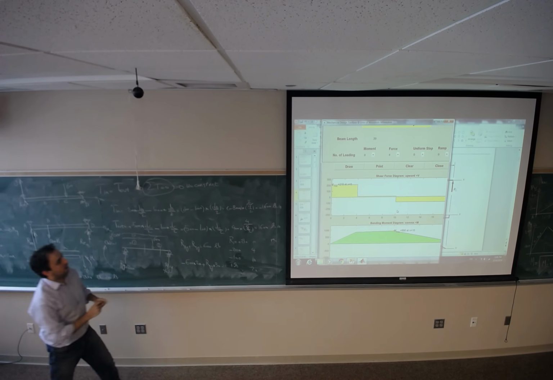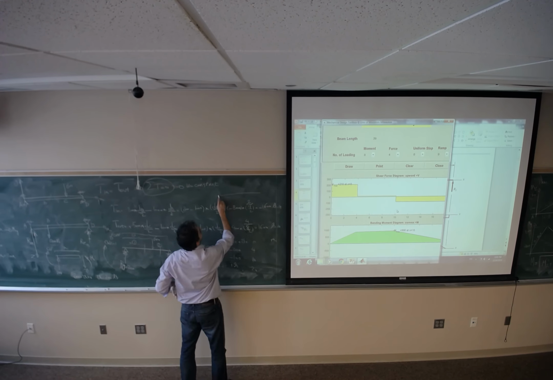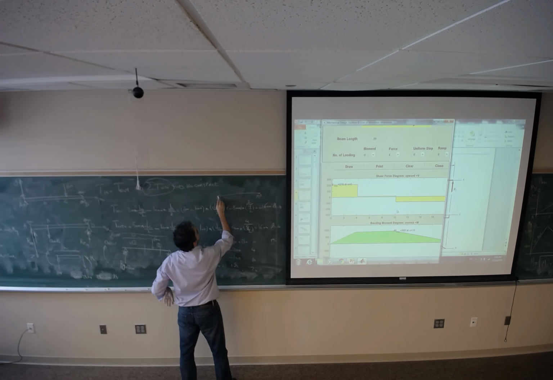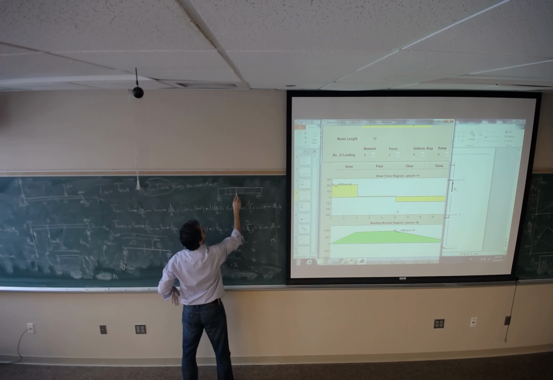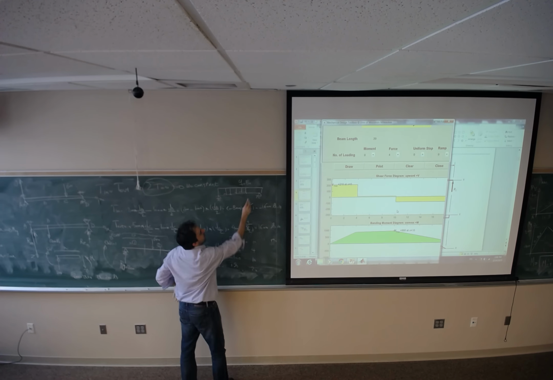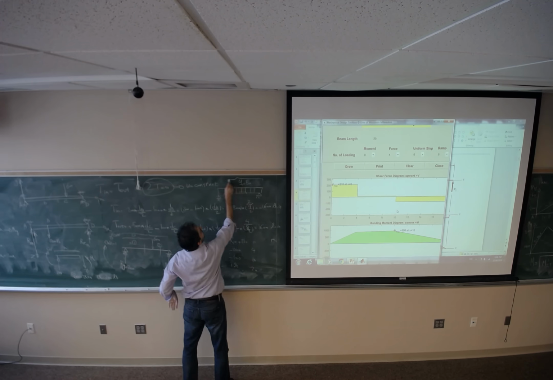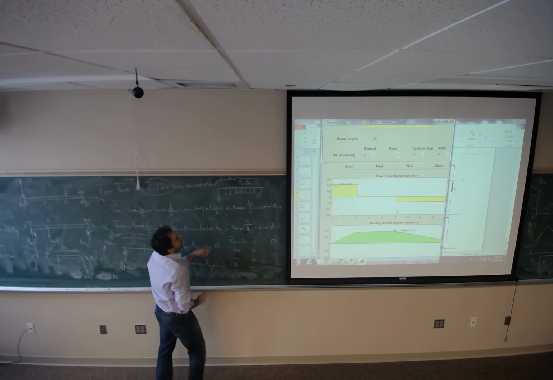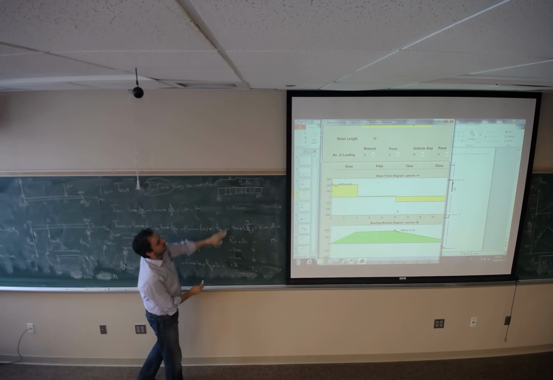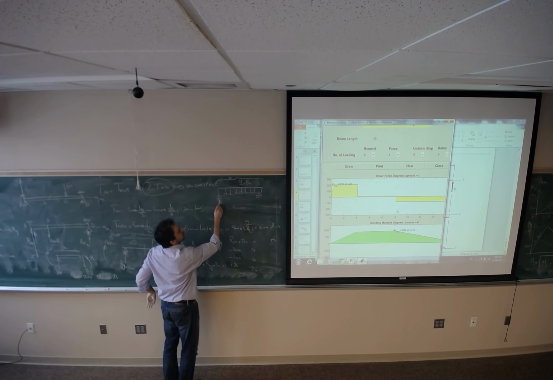Before we leave, suppose we have a distributed load like this, where q is 50 and the length of the beam is 10. 10 times 50 is going to be 500, divided by 2 is going to be 250.